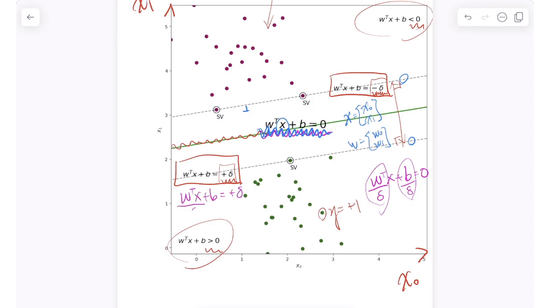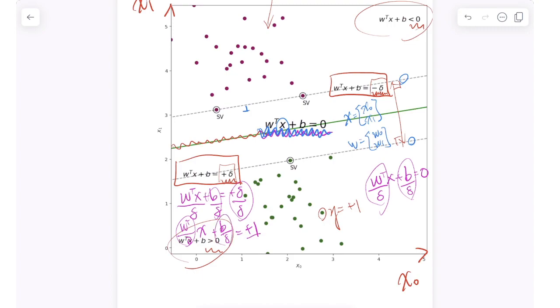If we divide everything by delta, this intercept becomes plus 1. It really doesn't matter how you represent the coefficient.